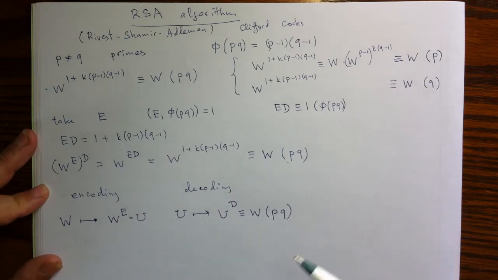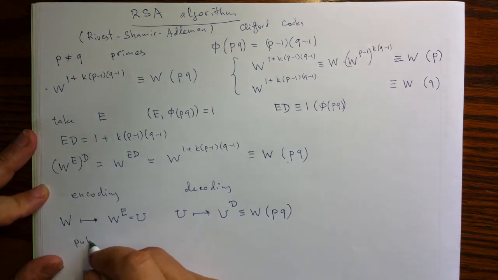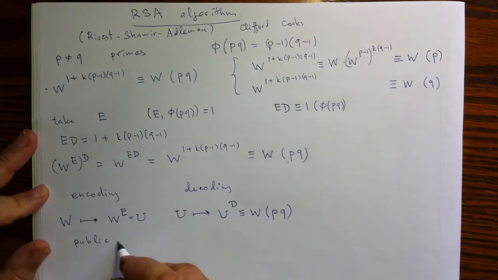So now the arrangement of the RSA algorithm. The public knowledge consists of the modulus, the base for the whole arithmetic computation, and the encryption power.